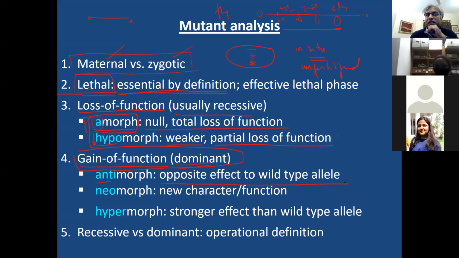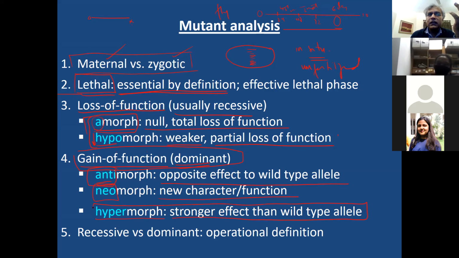So this is antimorph, opposite of wild type. Neomorph means new function. Neo means new. So it has acquired a new character, a new function. And hypermorph, hyper means it has a stronger effect than the wild type.